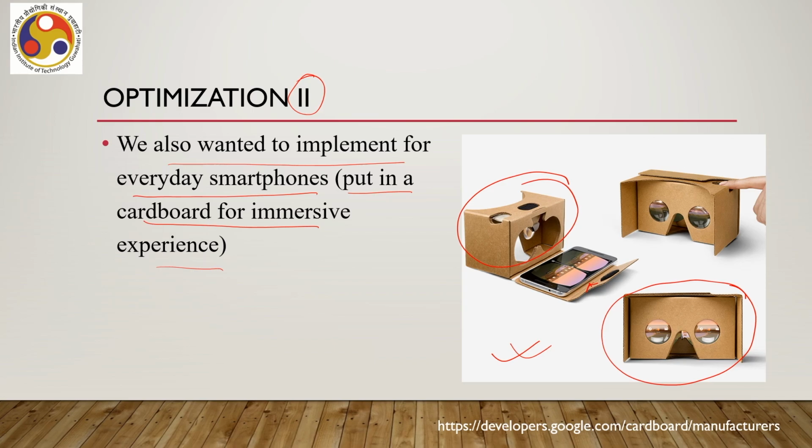Cardboards are very cheap, only about 500 to 1000 Indian rupees, and everybody has smartphones. So, if we deploy, then we can have a ready-made immersive experience without spending too much money on an appropriate device.